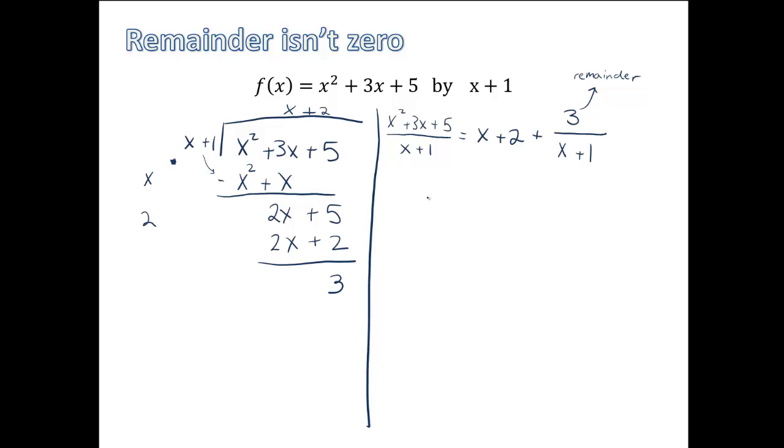And it turns out that our finished product would be x squared plus 3x plus 5 equals x plus 1 times x plus 2, and now plus 3. Okay, so this is also our remainder. Alright, so these are two ways of writing it, and we're going to use both of those ways. Alright, so we have those answers.